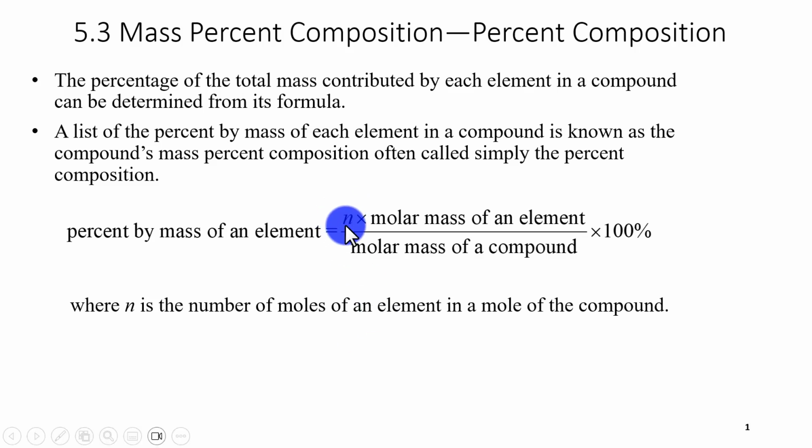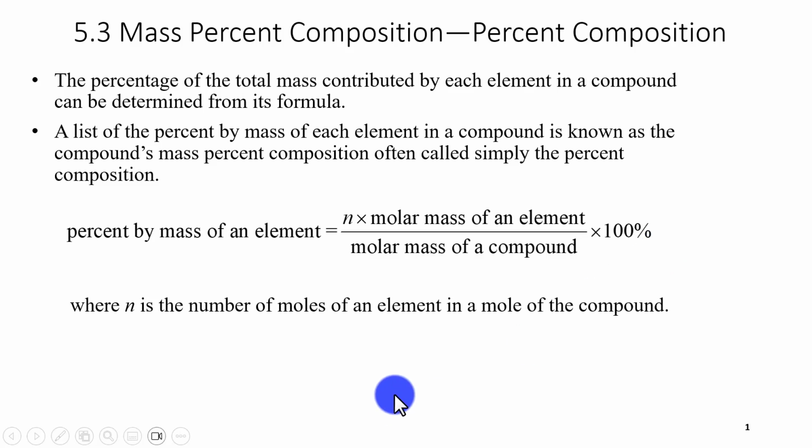So for hydrogen, this N will be 2 times hydrogen's molar mass divided by the molar mass of water times 100. For oxygen, it will be 1 because I only have 1 mole of oxygen for every mole of water, times the molar mass of oxygen divided by the molar mass of the compound times 100.